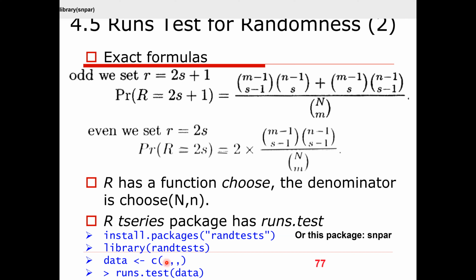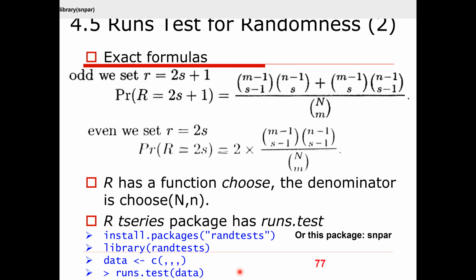Here, the data is numeric, so it should be a numeric value. If it's head or tail, we can define it as 0, 1, 0, 1. And then we can run this. Or some other versions allow you to install the snpar package. So you install.packages this, and then library this, and then use the same function runs.test.